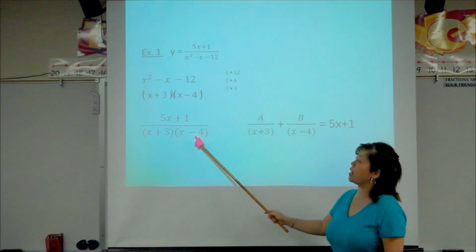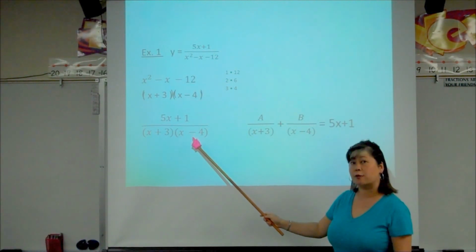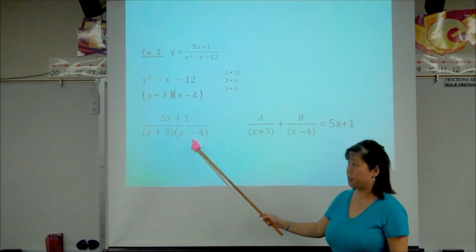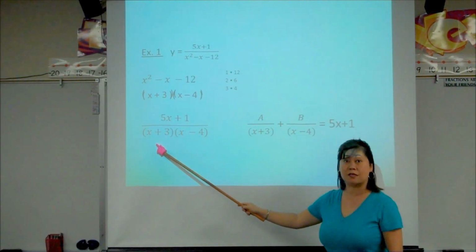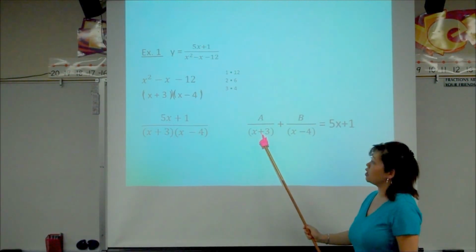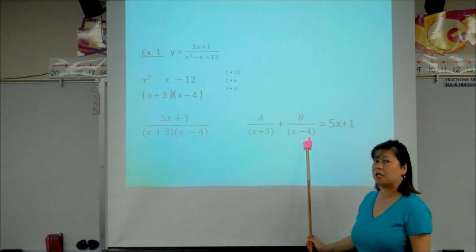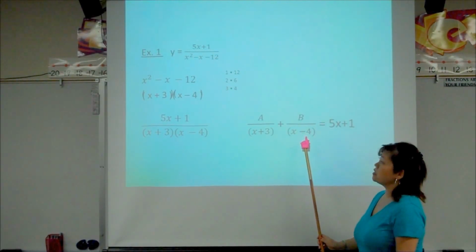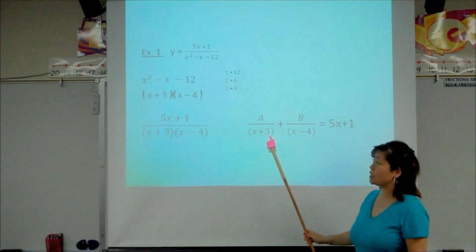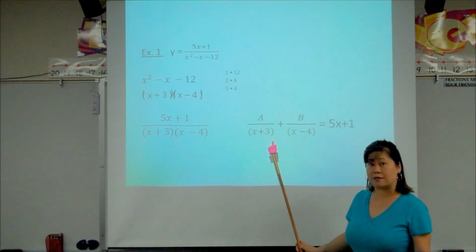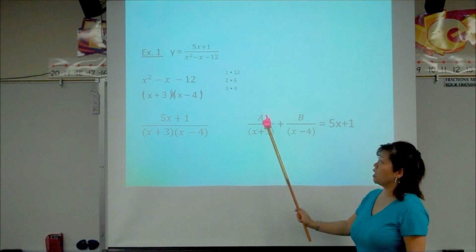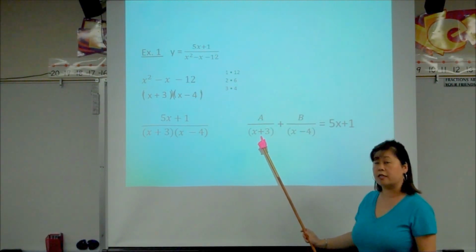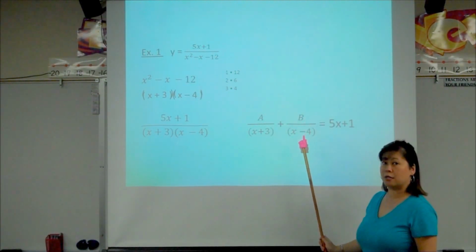If I have x - 4 and set it equal to 0, it becomes positive 4. Between negative 3 and positive 4, negative 3 is the smallest one. So I'm going to put it underneath the A and put the remaining one underneath the B. It's not wrong if you do it the other way, but for consistency, let's make sure the smallest one is underneath the A, and the remaining part is underneath the B.